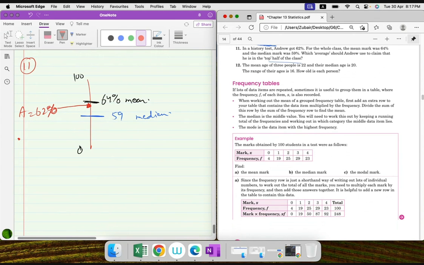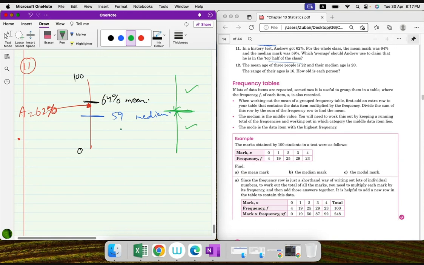Which is pretty much obvious. Which would he choose? Median is actually 50%, right? So half of the class lies on this side, other half lies on this side. So if he claims the average of median, then he is in the upper half of the class, top half of the class. Any doubt in this?